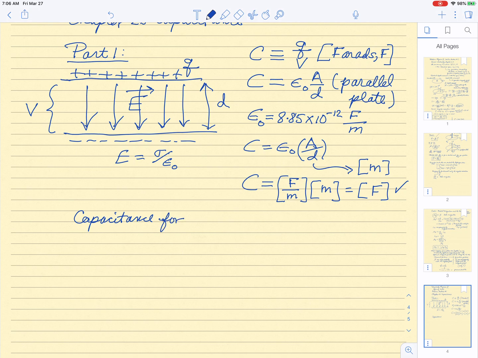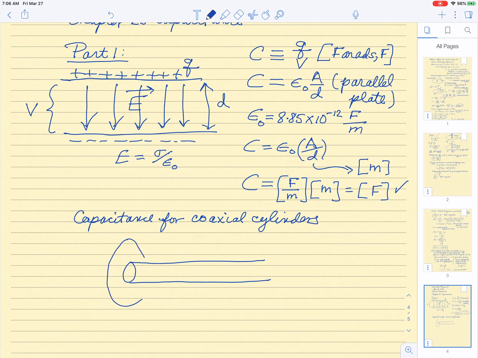For instance, for coaxial cylinders. Picture-wise, we're looking at an inner conductor and an outer conductor.